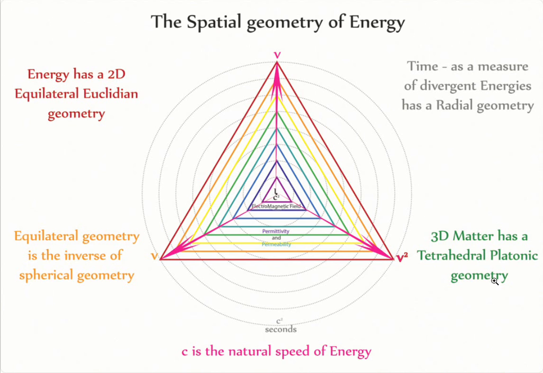Obviously, in the case of three-dimensional matter, matter itself is a standing wave geometry that takes up three dimensions of space, so therefore we have to change the coordinate system to measure matter itself. And matter itself, although it has its energy momenta or mass energy momenta and propagates at the natural speed of energy in that geometry, does so as a standing wave.